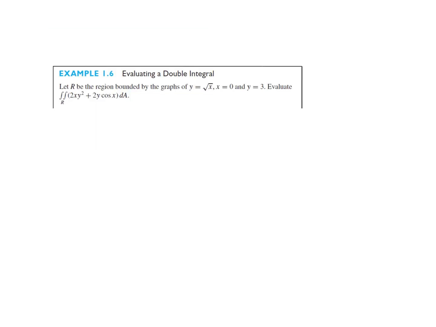That's it. Okay, here we need to integrate this function in the region R bounded by the graph y equal square root of x, x equal to 0, and y equal to 3. So if we graph this region R, it's always important to graph.